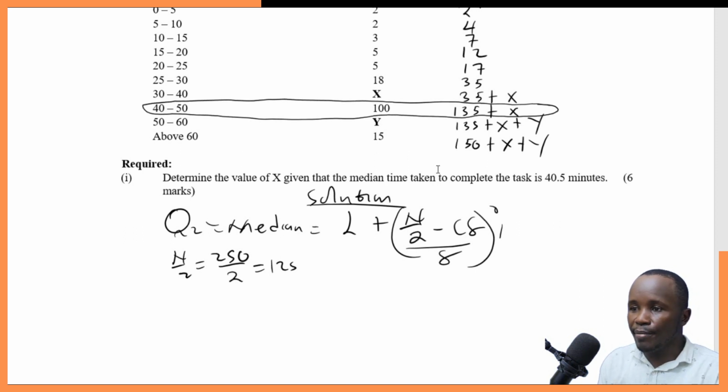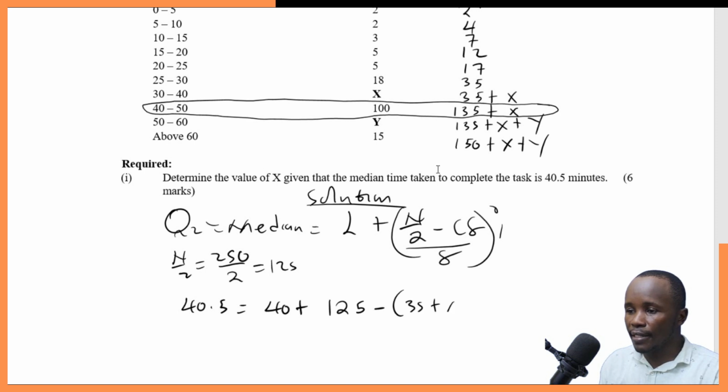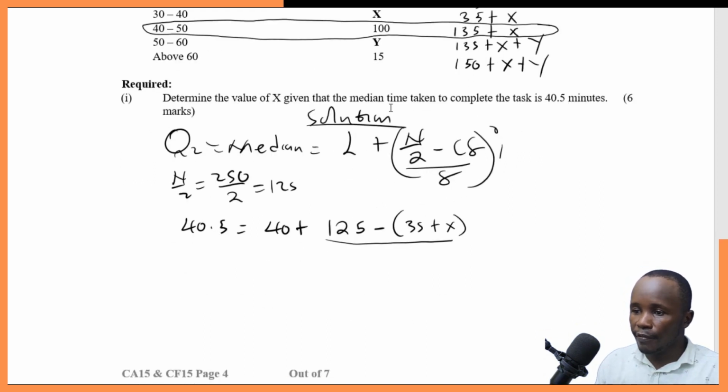What is the lower class limit there? Already you have been told the median is 40.5. So the lower class there is 40, plus N over 2 is 125, minus the cumulative frequency before, which is 35 plus x, divided by the frequency of that class. The frequency of this class is 100.